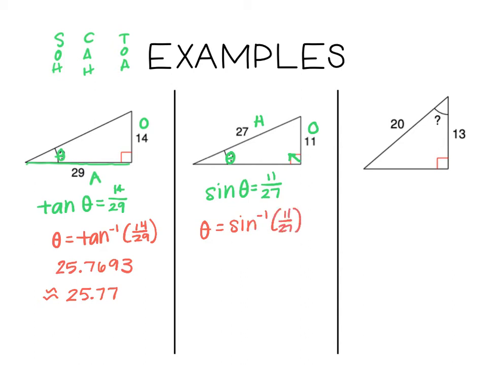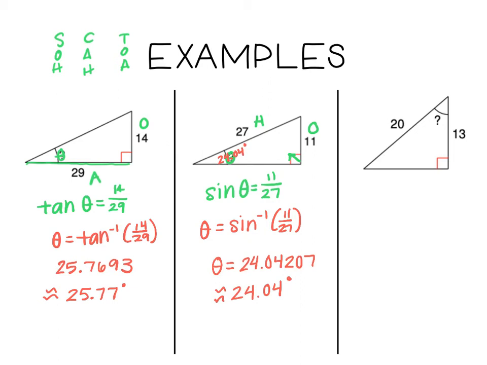When I put that in my calculator, theta is going to equal 24.04207. Rounded to the nearest hundredth, it's 24.04. These are all degree measures because they're measuring that angle, so that angle is 24.04 degrees.